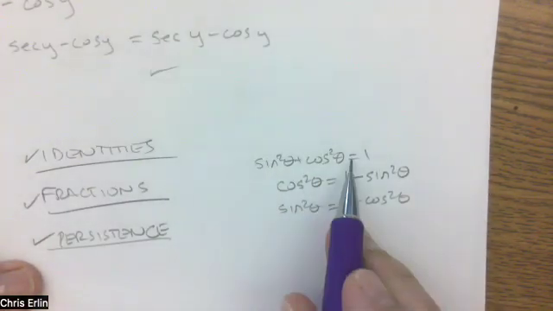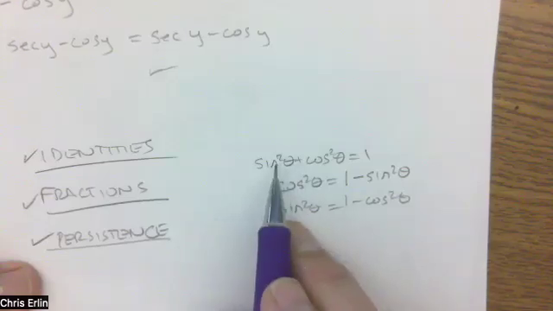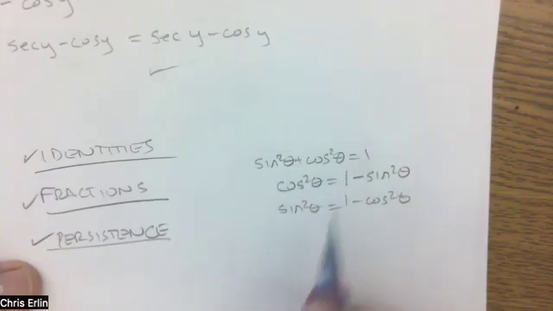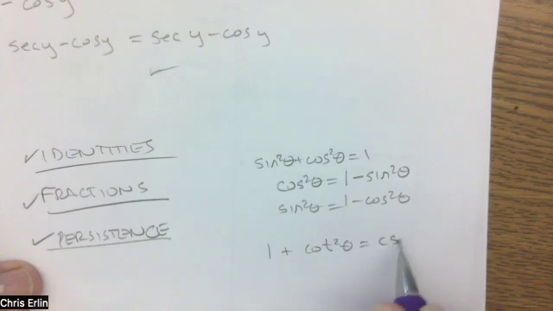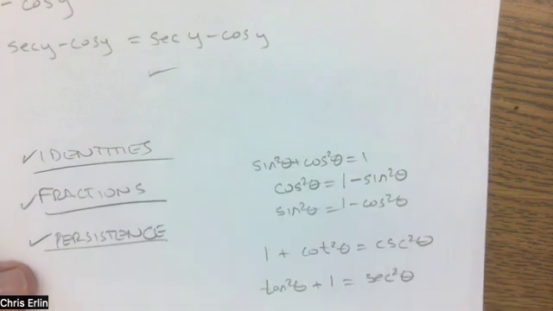And you've got to be able to have the reciprocal function versions of these. If I divide everything by sine squared, I get 1 plus cotangent squared equals cosecant squared. And if I divided everything by cosine squared, I'd get tan squared theta plus 1 equals secant squared theta. You need to know all those versions.